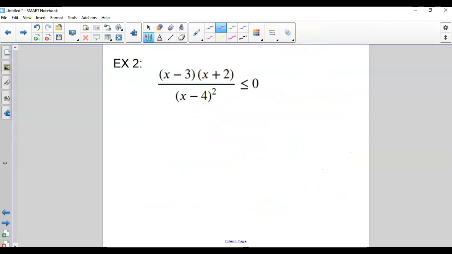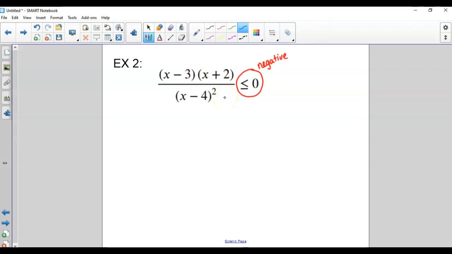And so what we want to know here is what is going to give us, in this case, a number that's less than or equal to 0. And if that number is less than or equal to 0, that means it's negative or 0. But as we will see, that will not be the most important. Now, we're going to do the same thing that we did for the last problem.